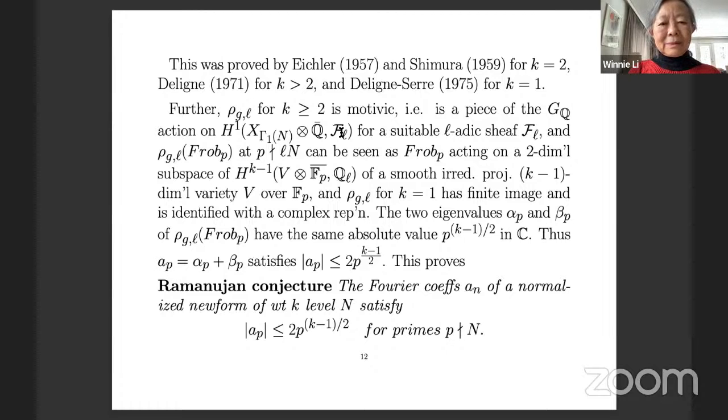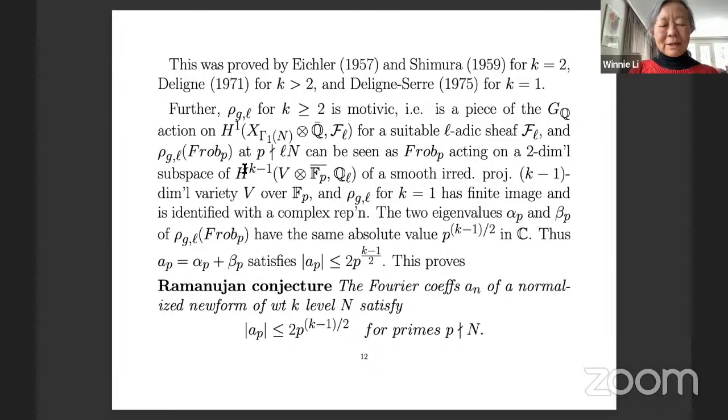And furthermore, if we look at p, which is outside of l times N, and look at the action of the Frobenius at p, that can be identified as the Frobenius action on a two-dimensional subspace of the middle etale cohomology of a k-1 dimensional variety over the finite field Fp.